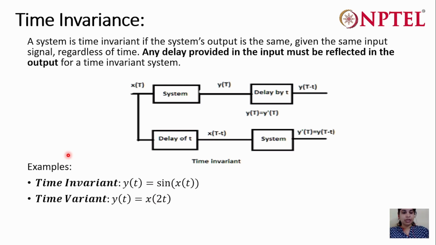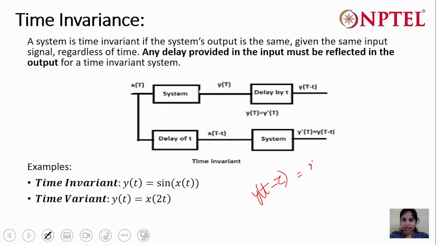For example, for a time invariant system, I have y of t is equal to sine of x of t. So this will follow the time invariance property. For a time variant system, I have an example, y of t is x of 2t. So y of t minus tau is x of 2t minus tau.